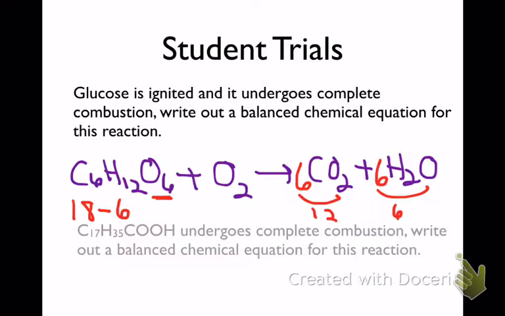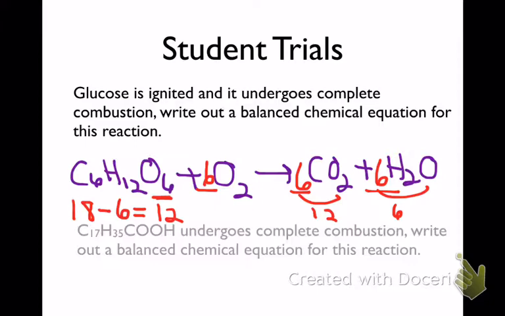On the left side, my first term, I don't want to change that. So I've already got 6 oxygens nailed down in that first term. I need 18 total. I've already got 6. That gives me 12 left. I'm going to get all 12 from the second term, and that, of course, calls for 6 there, too. Okay, there's your balanced equation, 1, 6, 6, 6.